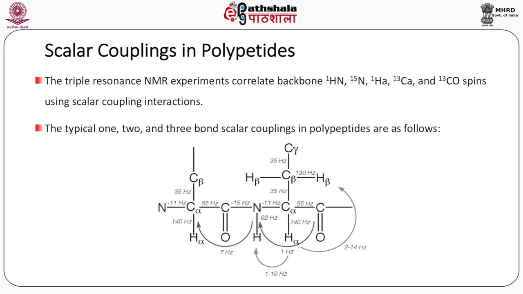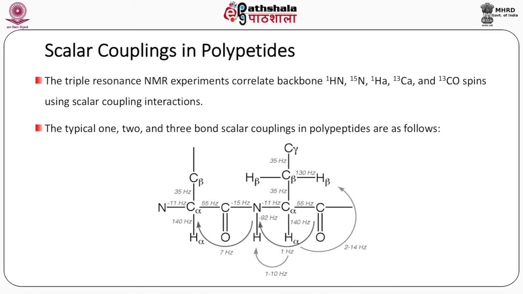So, it is very important to look at various scalar couplings in polypeptides. The triple resonance NMR experiments correlate backbone proton, N15, H alpha, C13 alpha and carbonyl spins using scalar coupling interactions. The typical 1, 2 and 3 bond scalar couplings in polypeptides are as follows.